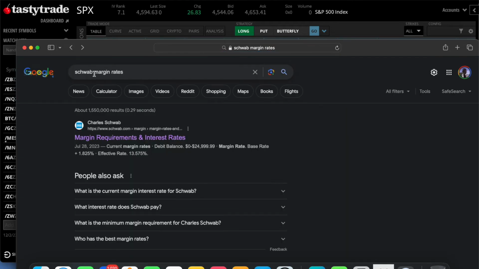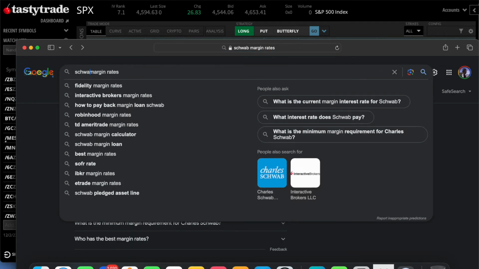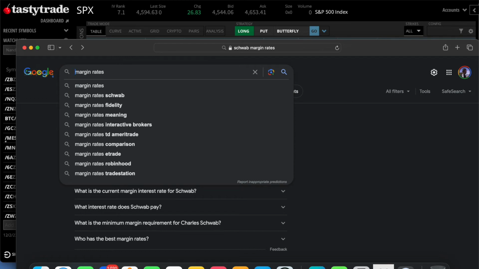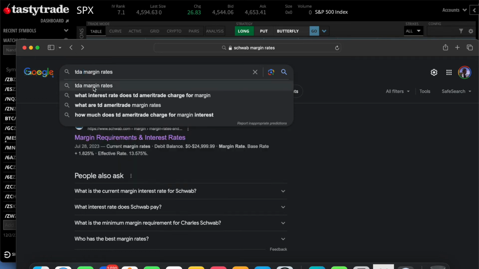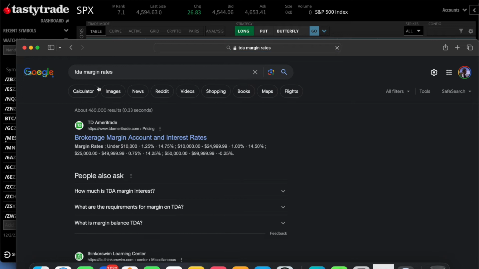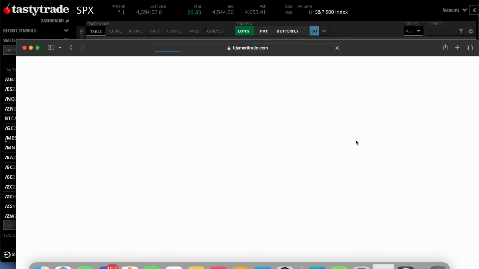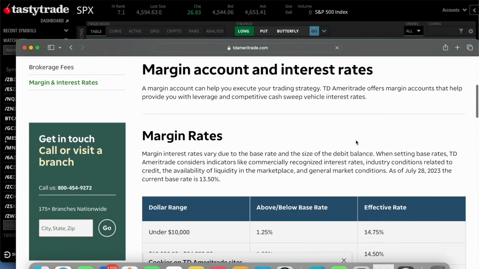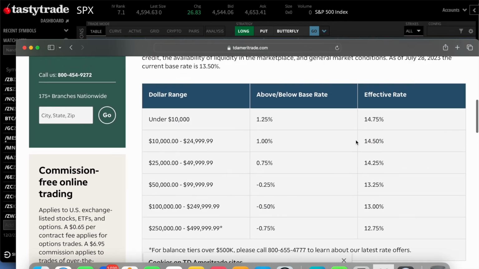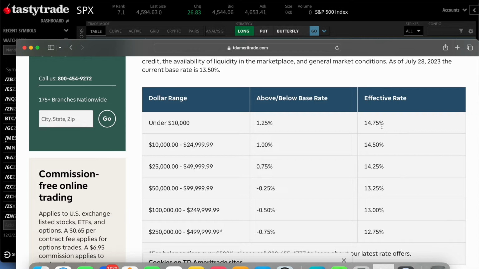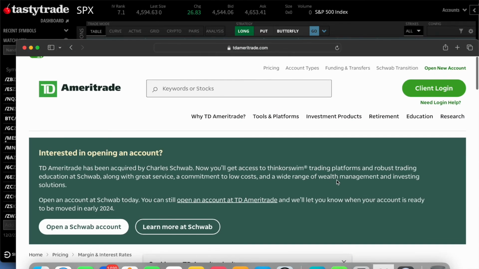Let's go to TD Ameritrade. They're a popular one. TDA margin rates. All right, let's see what they're charging. Under 10,000, 14.75. 14 and a half for this, 14 and a quarter for 25K to just under 50K. Criminal.